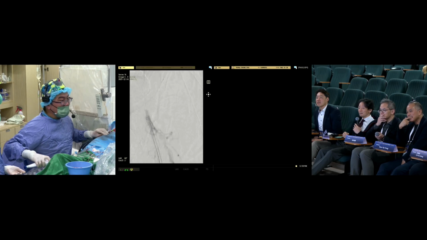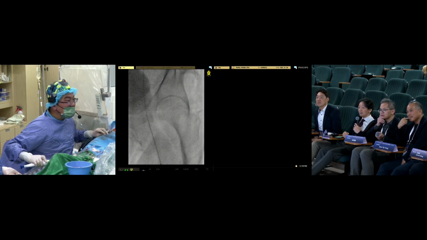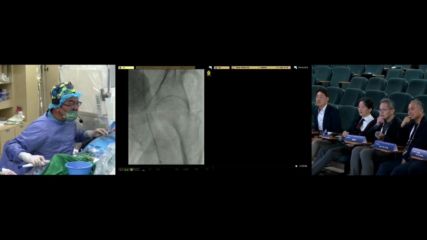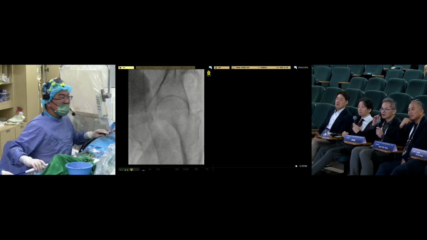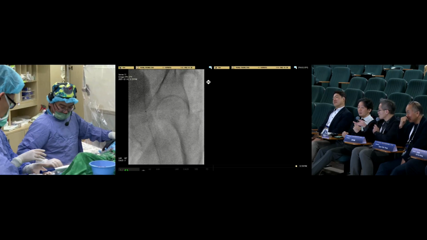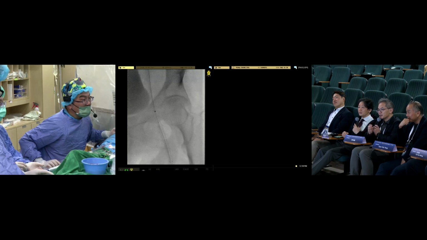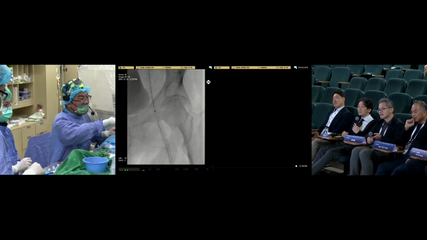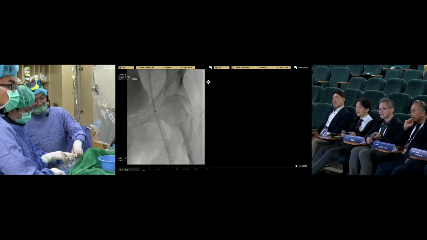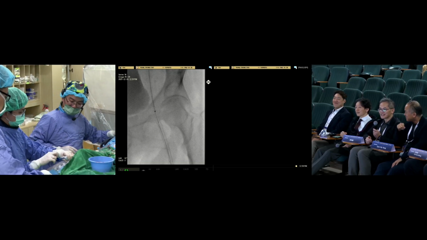Yeah, so I think the dimple here is a little bit open. Okay. It's just a little bit of shortening. It's okay. Yeah, Dr. Zong, it's okay. Oh, yeah, perfect. Thank you, Dr. Soka.